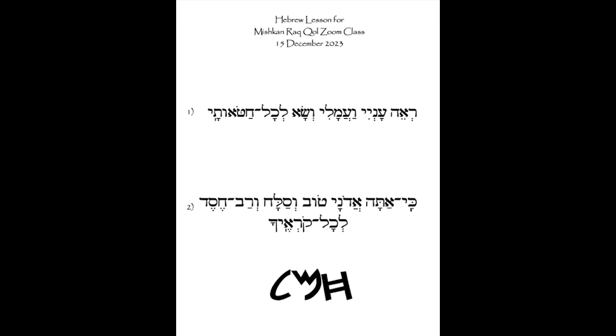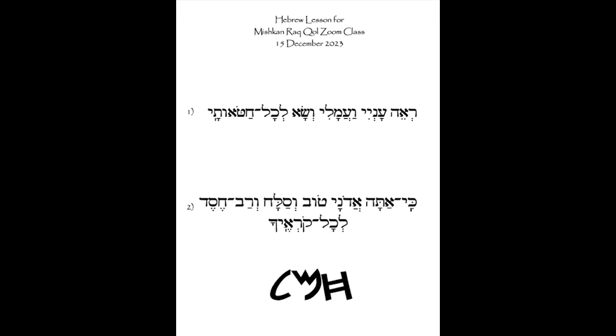But since it's on the left, it's an S. And then it's pointed kamatz with aleph behind it. So that gives us the sound sa. Okay, so we have the sa. Everybody with me so far? All right, so we have re'eh, onyi, va'amali, ve sa.